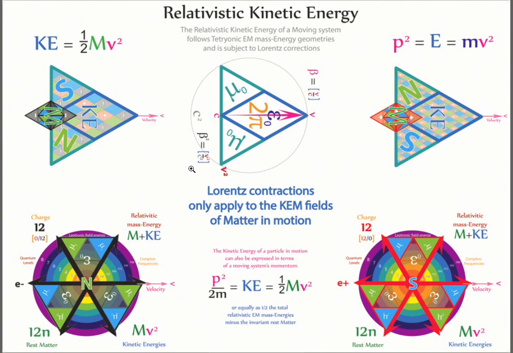Again, in deference to Einstein's special relativity, it's the energy momenta of the chem fields that creates both the forces of motion as well as the magnetic moment orientation for charged matter in motion. And it's the energy momenta within the chem field that's subject to Lorentz corrections for the mass energies. The matter itself remains velocity invariant.